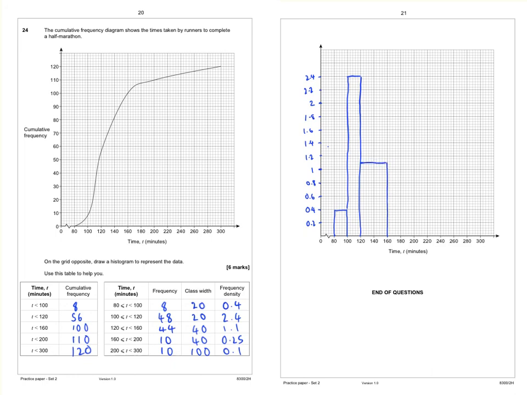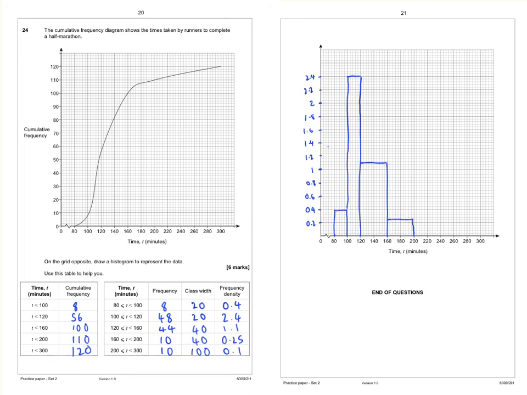Next one I'm looking at is from 160 to 200, and that needs to go up to 0.25. 0.3 would be in the middle there, so 0.25 is about there, and that goes across to 200. So that's that one done.